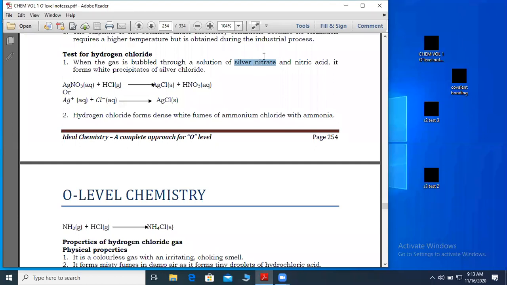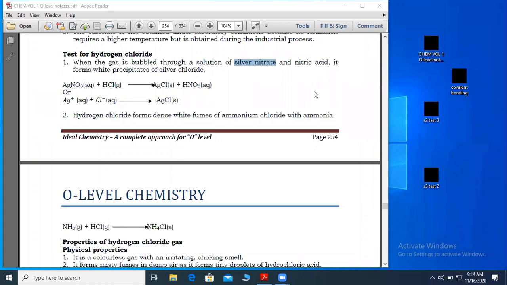So we use silver nitrate and nitric acid. The role of nitric acid is just to acidify the silver nitrate, such that if there are any impurities, they can be dissolved by nitric acid. So that's why we use them together. The answer is silver nitrate solution and nitric acid. That is the reagent.